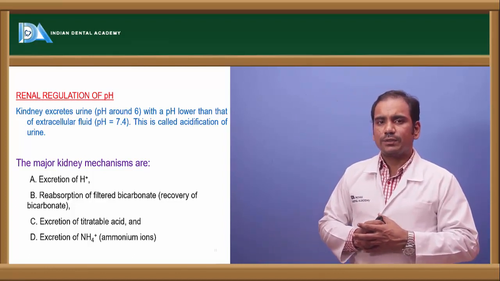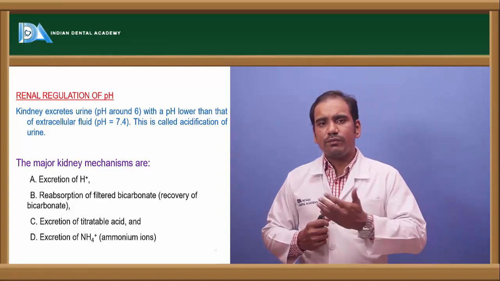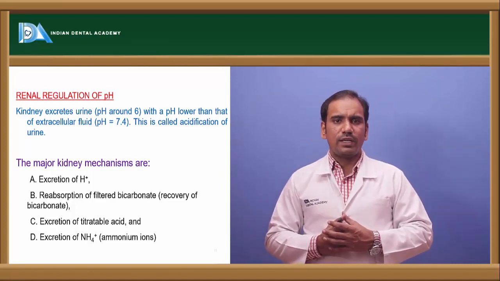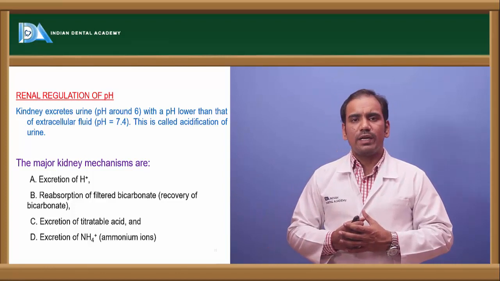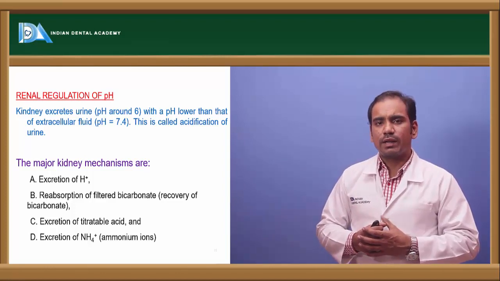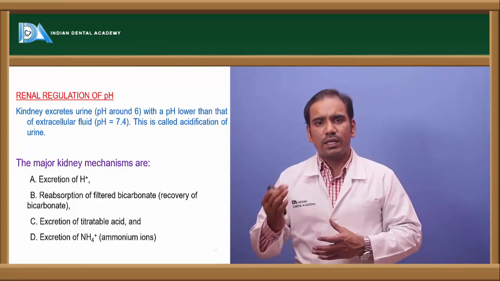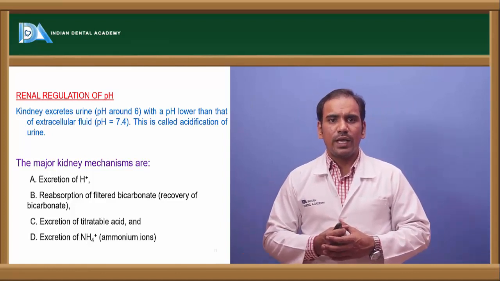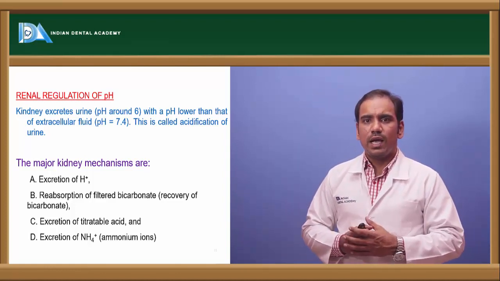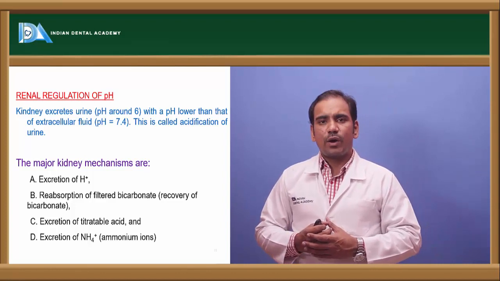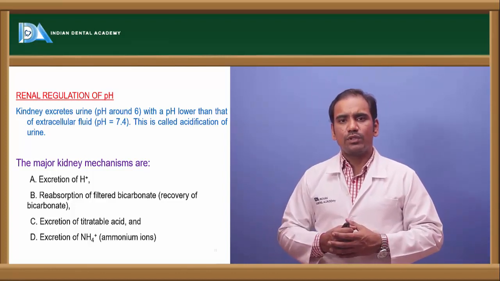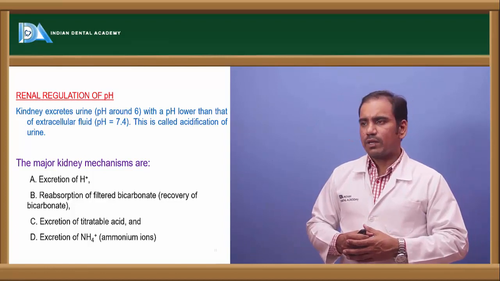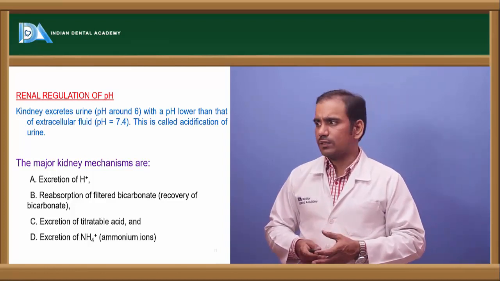So renal regulation has 4 mechanisms by which it maintains the acid-base balance. Those are excretion of H+ ions, reabsorption of bicarbonate, excretion of titratable acid, and excretion of ammonium ions.